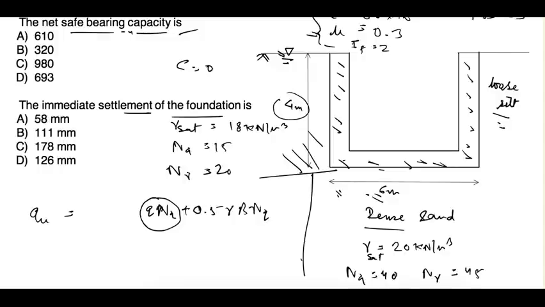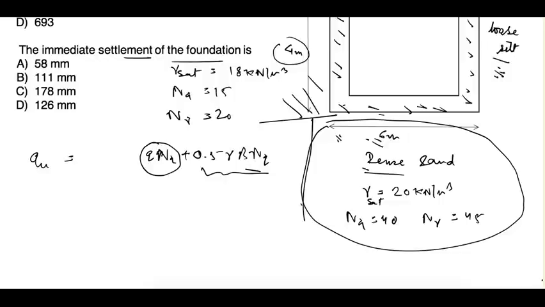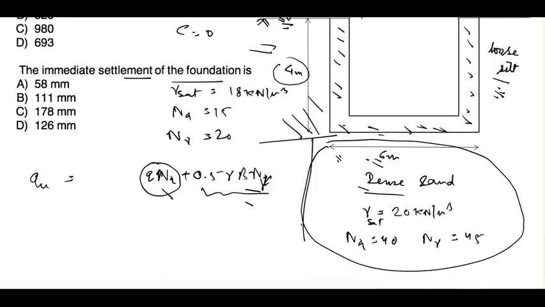The surcharge consists of loose silt, and this part of the equation represents the shear zone. So we will use Nq and N gamma for the dense sand, whereas Nq for the loose silt, because this term represents this part of the soil, whereas this term represents the part below.